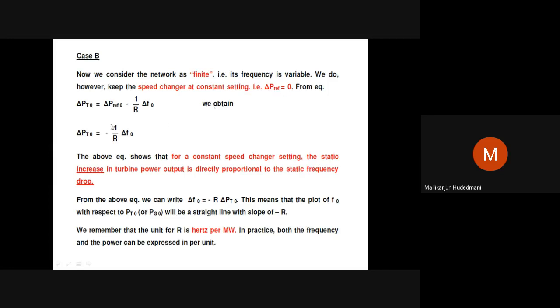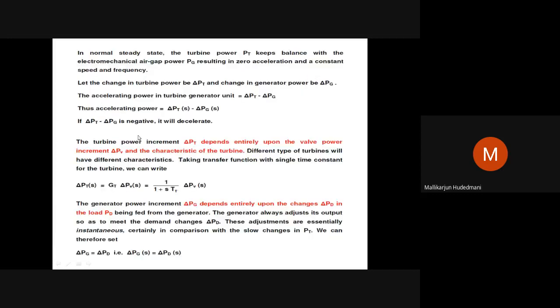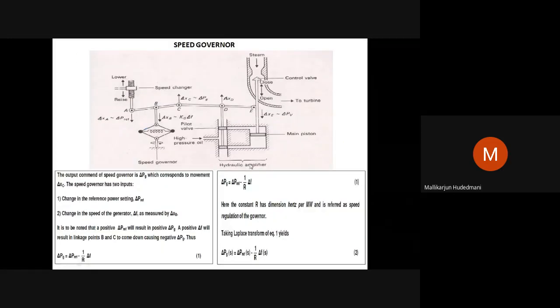It means the equation we were referring to in this context, delta PG equal to delta P ref minus delta F by R. Whatever setting you have done is not changed at all. Once you set it, leave it. That's called P reference is set. Delta P ref is called incremental change.